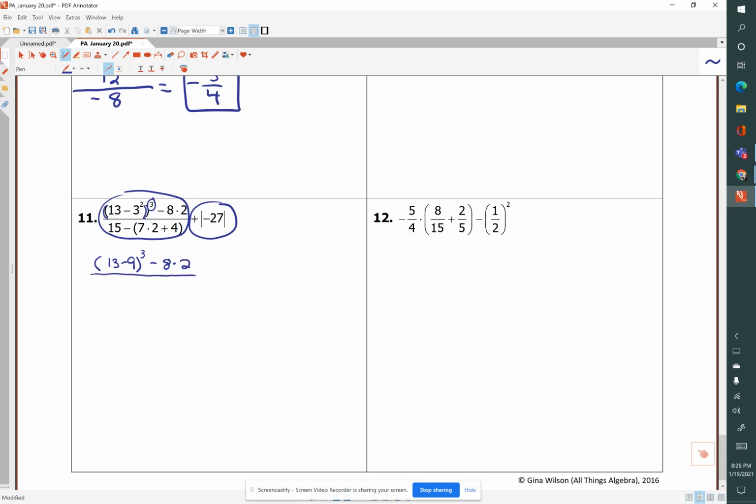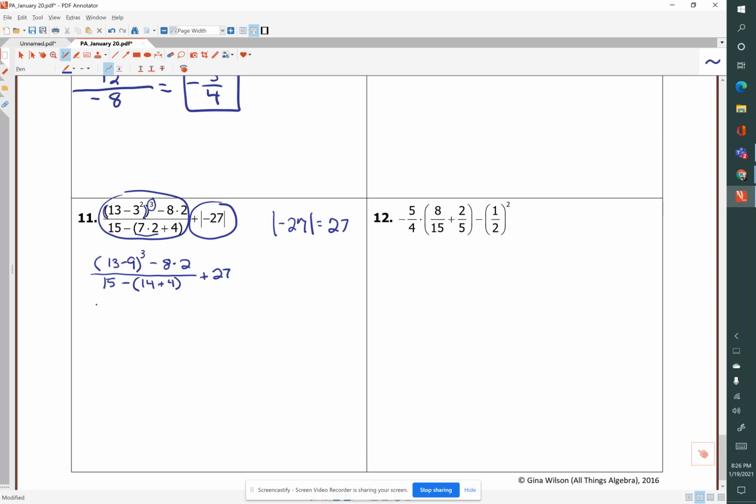And in our denominator, 15 minus, we have 7 times 2 plus 4. We can evaluate 7 times 2, which gives us 14, plus 4, plus, and we can evaluate the absolute value of negative 27 equals 27, so plus 27.